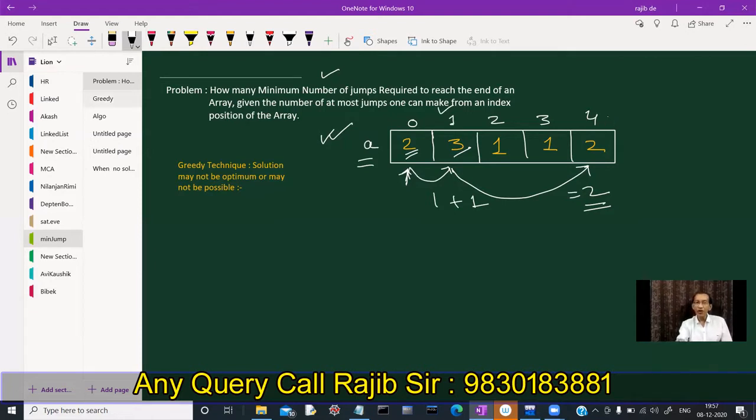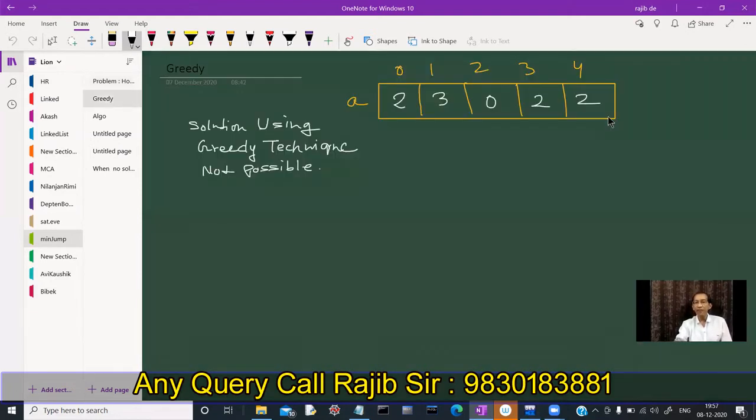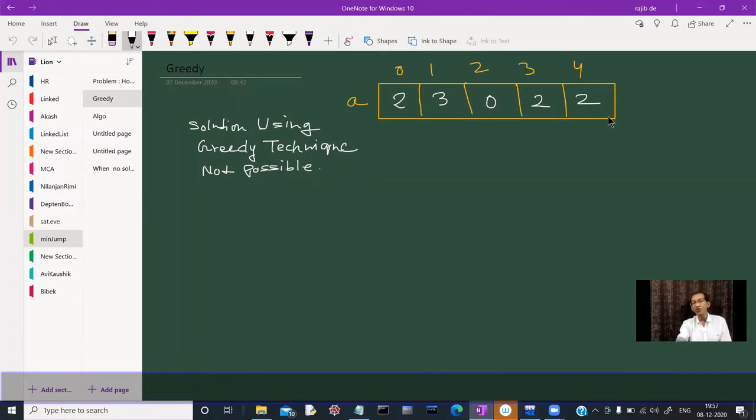Not only that, sometimes it may happen that although there is a solution, the greedy technique may not give it to you. Like this example, with 2, 3, 0, 2, 2 as the maximum number of jumps you can take from those index locations.